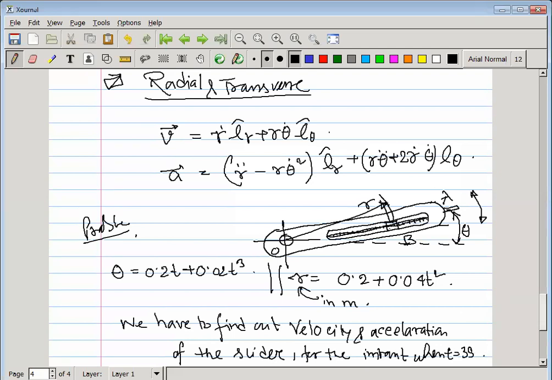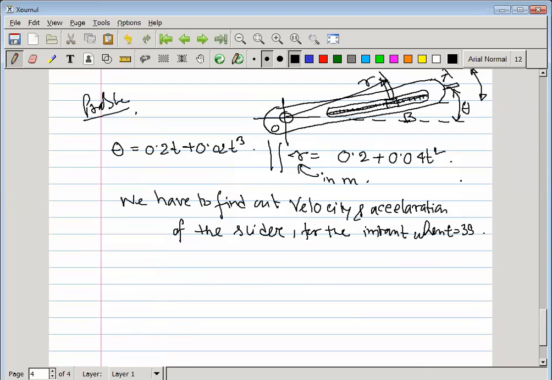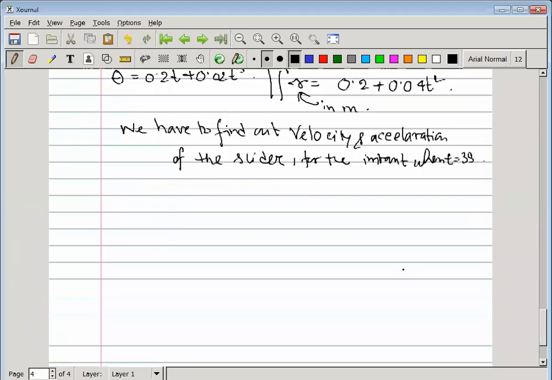At time t equal to 3 seconds, we have to find out what the acceleration and the velocity are. Okay, this is the question.